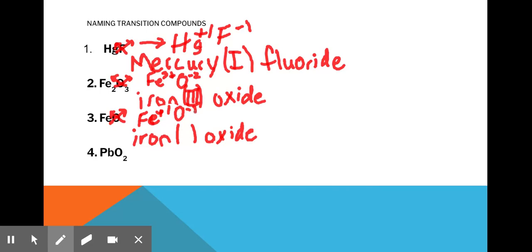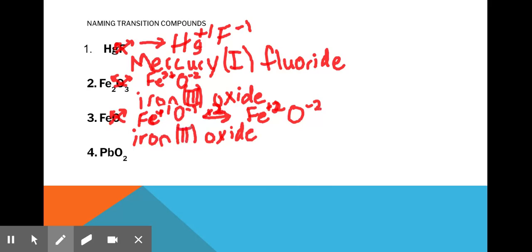So we're going to multiply both charges by 2. And so we're going to see that Fe now has a charge of +2, and oxygen a charge of -2. Now the charge on oxygen is right, which means that now the charge on iron is also right. We had to multiply that one by 2 as well.